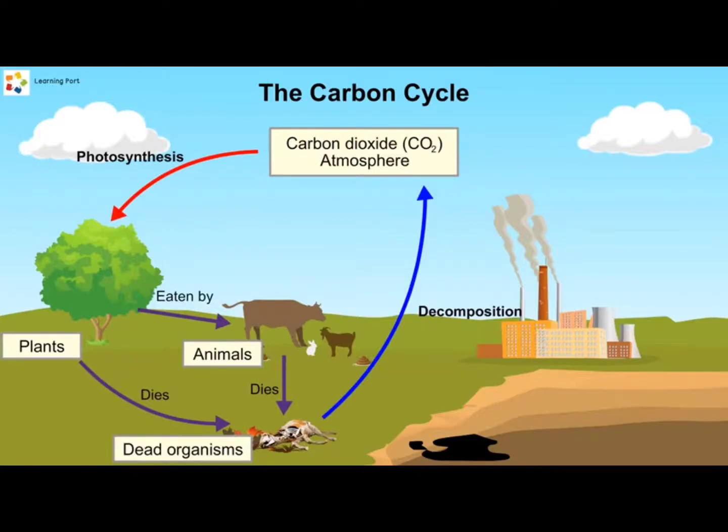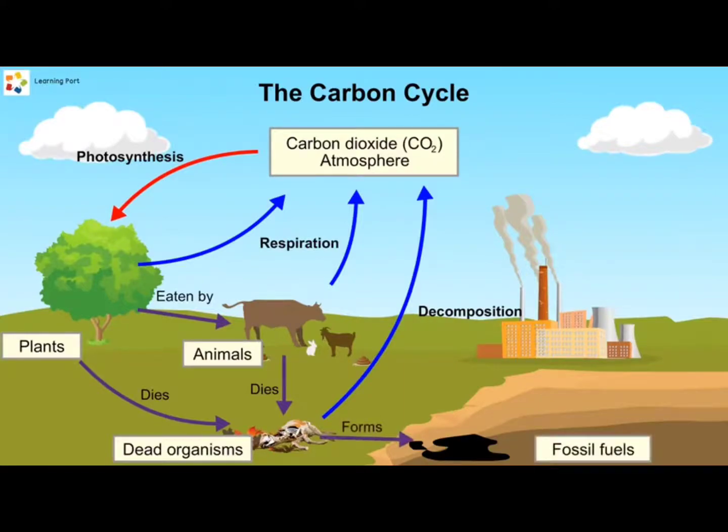In addition, all living organisms, including plants and animals, release carbon dioxide into the air through the process of respiration in their entire lifetime. Over a long period of time, the bodies of dead organisms become fossil fuels, which are used by factories, power stations, and vehicles.